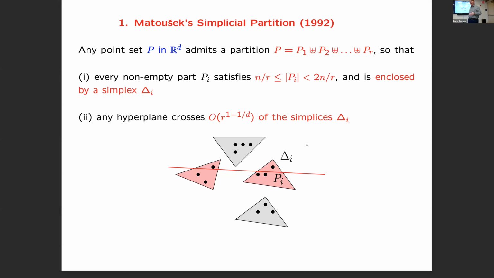And the rest of the parts would be somehow separated from this hyperplane, so the enclosing simplices will be totally missed. This is a very useful result in computational geometry, say for geometric range searching. And here we will see some of its applications in combinatorial geometry.